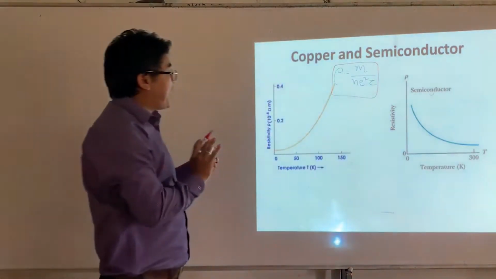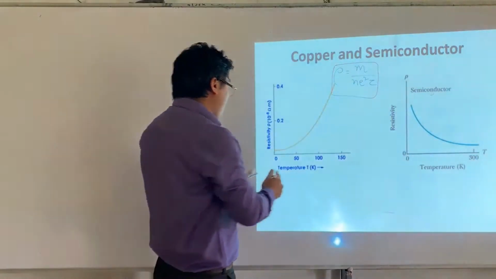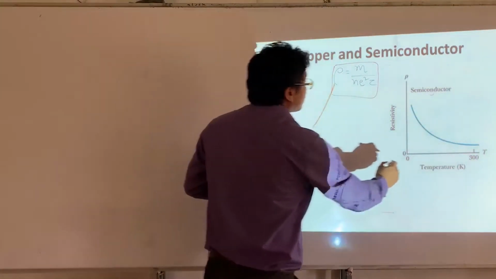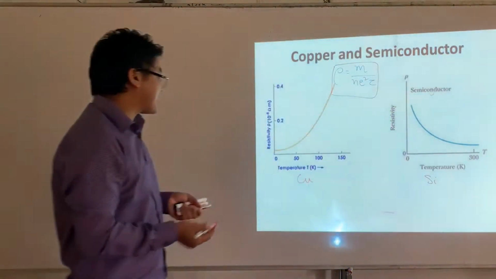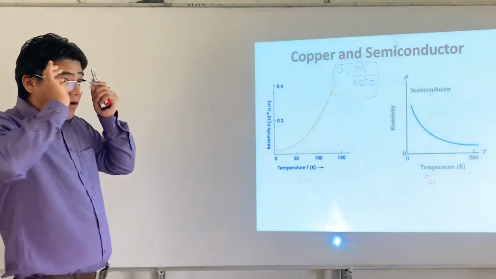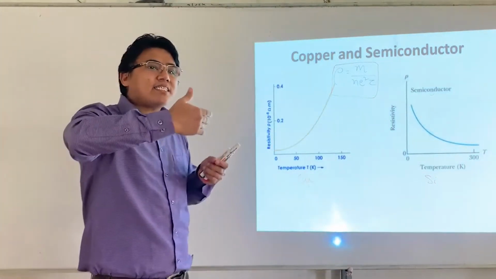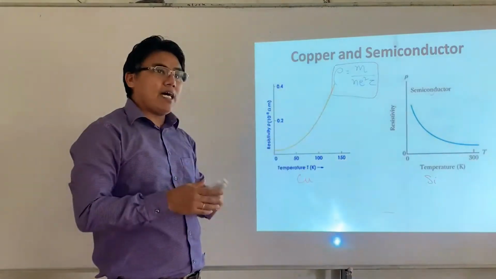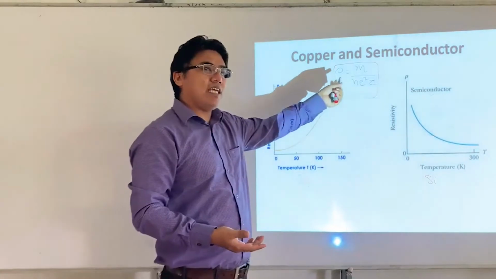This equation explains the two graphs. This is for copper, and this is for a semiconductor, or silicon, whatever. For copper, resistivity increases exponentially with temperature, and this can be explained by using this equation.